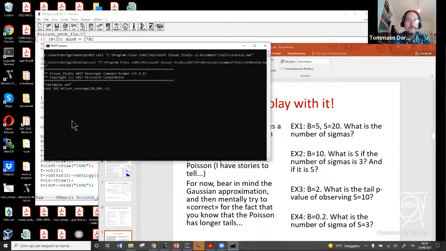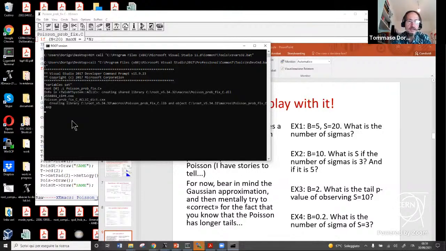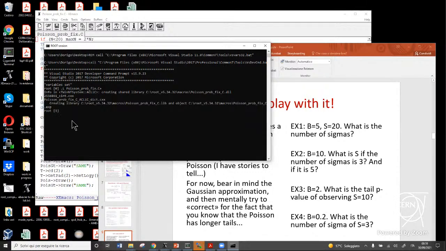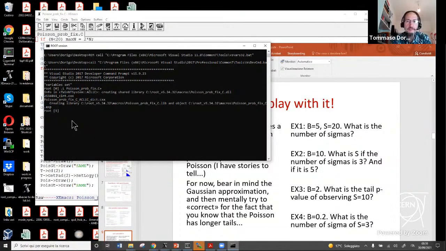Let's try it. I do .L Poisson_prob_fix.C+, and it will compile. Can you see my ROOT screen? Yes, the letters are small, but... Unfortunately I cannot make them bigger, but I can read things off for you. Now I can run Poisson prob fix.